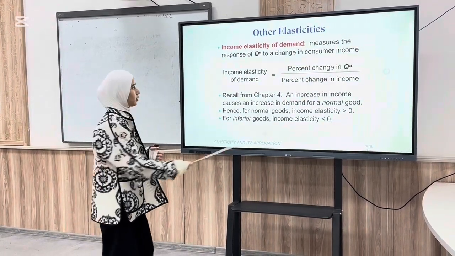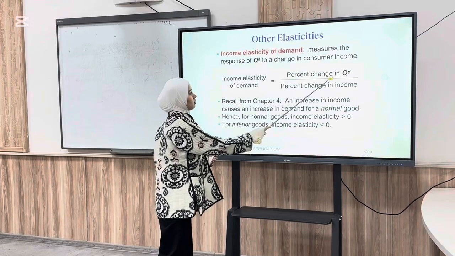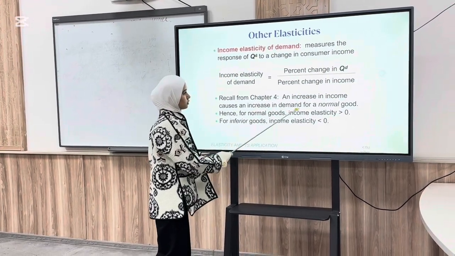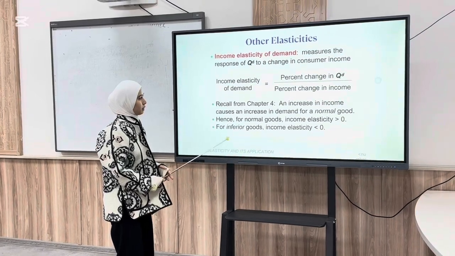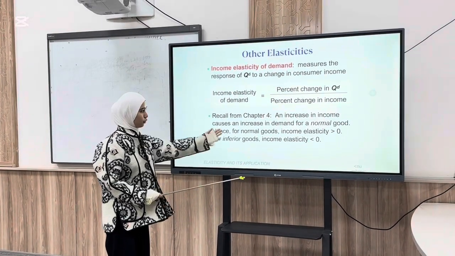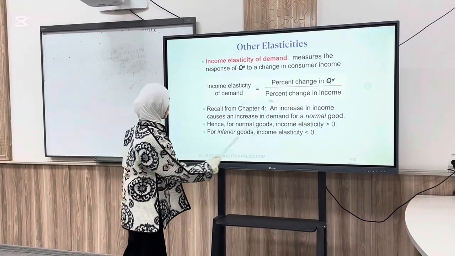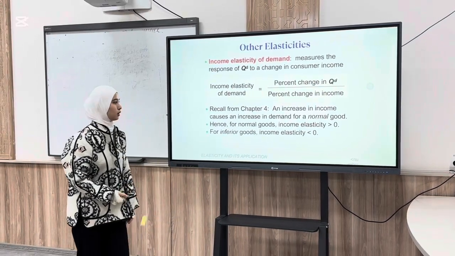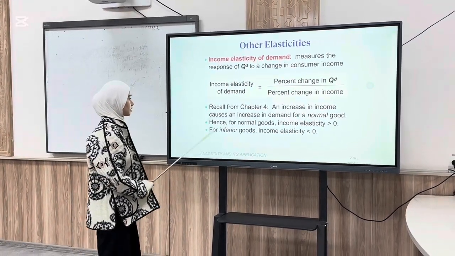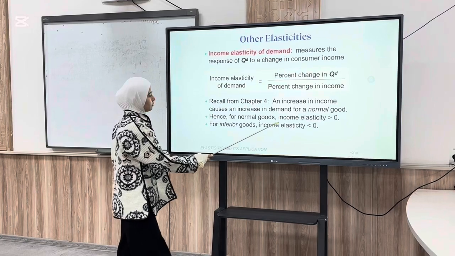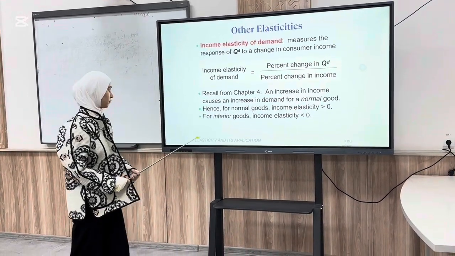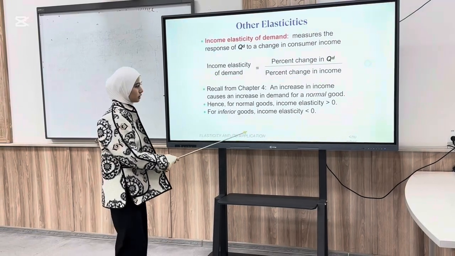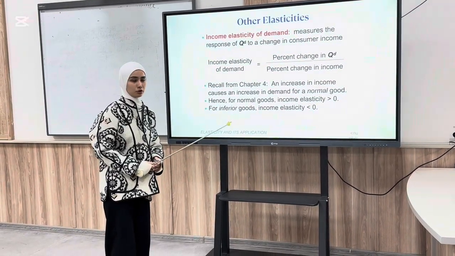It is percentage change in QD divided by percentage change in income. So if we remember from chapter 4, an increase in income causes an increase in demand for a normal good. For normal goods, income elasticity is higher than 0. For inferior goods, income elasticity is smaller than 0.